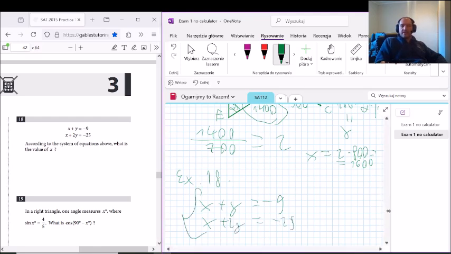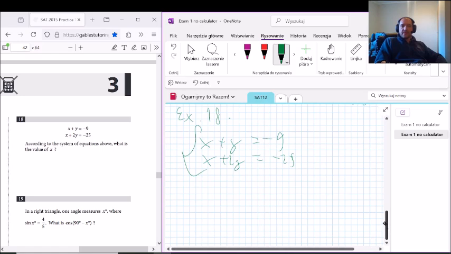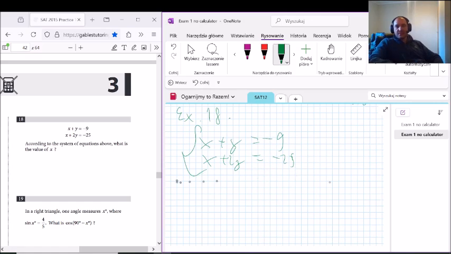So here we can solve it using a method of opposite coefficients, or at least that's how I can translate this. This is a simplified version of the Gauss elimination method, which basically, in Poland it is taught that we have to make an opposite coefficient in one of those variables.